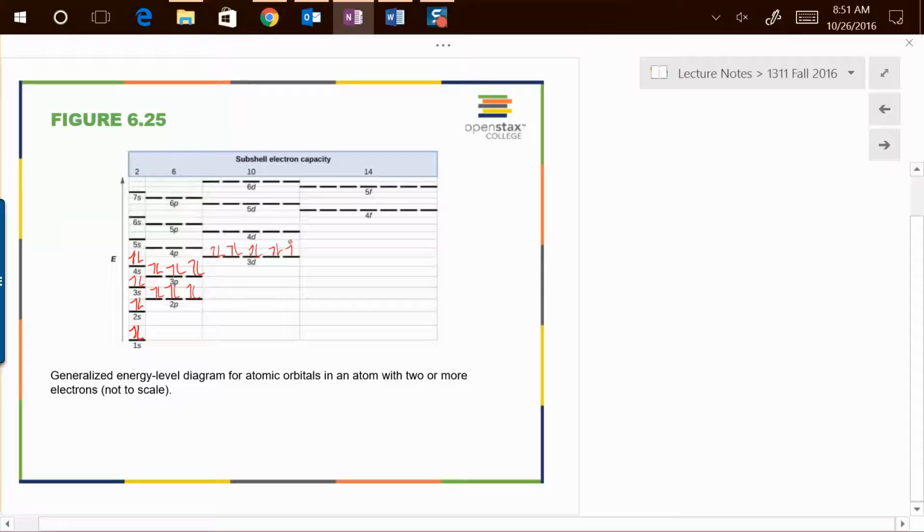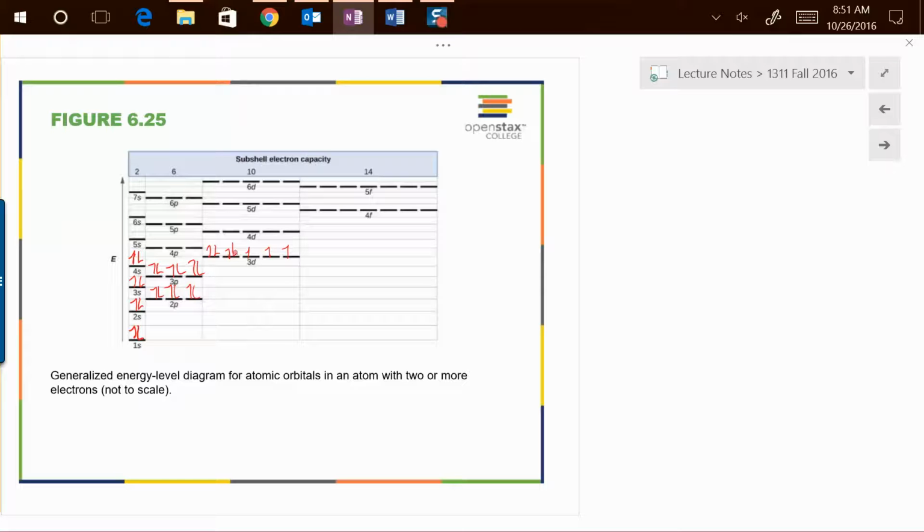Oh wait, what was I going to? Cobalt. 1, 2, 3, 4, 5. Okay, so here I'm at manganese, and now iron, and then cobalt. So how many unpaired electrons do I have in the D there? 3 unpaired electrons, right?